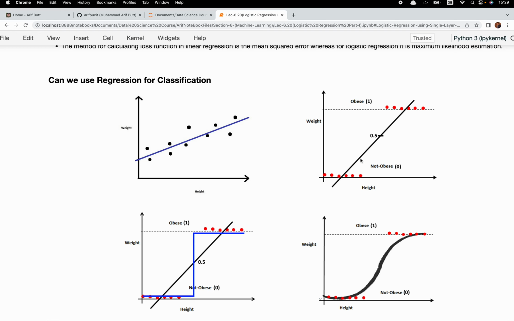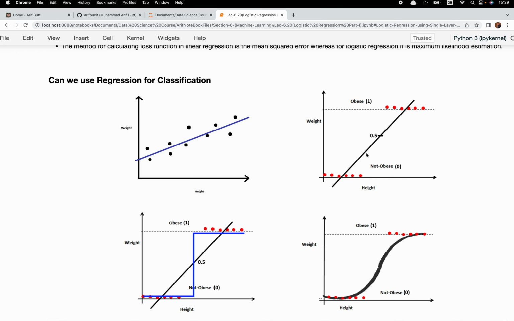Now consider this top right graph representing some data points having height, weight and obesity of people. In this case, height and weight are the two input features, while obesity is the output label having two discrete values. Obese mapped to a value of 1 and not obese mapped to a value of 0.